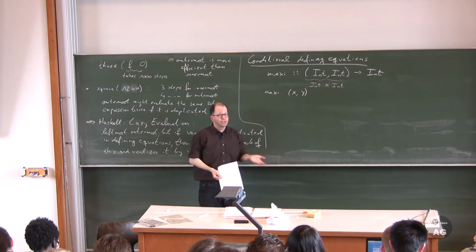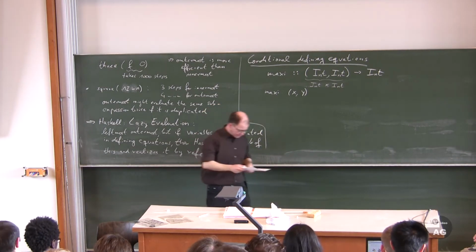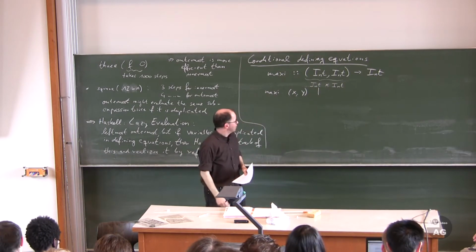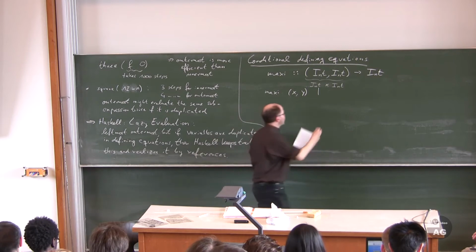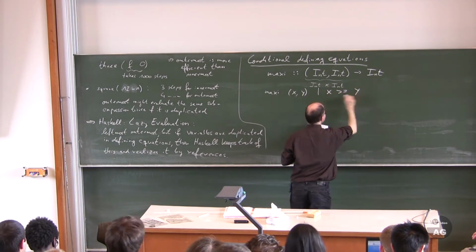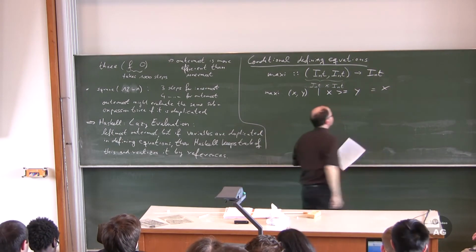So now we need a condition. We have to test whether x is greater than y or y is greater than x. And in Haskell, you can do this by writing a vertical bar behind the argument. And now comes the condition. So if this condition is fulfilled, if x is greater or equal than y, then the result should be x.